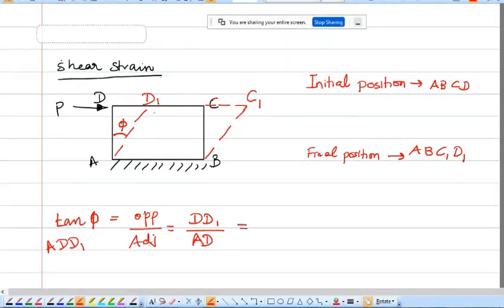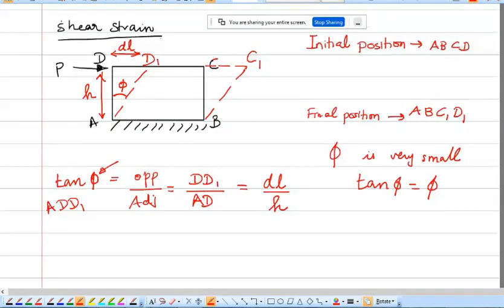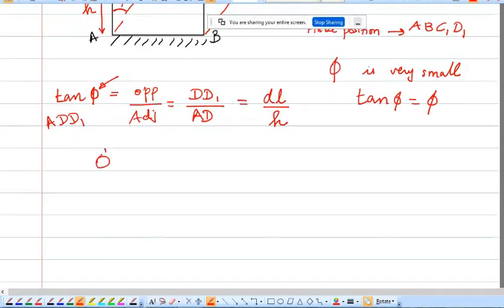So DD1 you take as dL and AD as h. This angle phi is normally very small. So if phi is very small, you can say tan phi is equal to phi. So instead of tan phi, I can write phi is equal to dL by h.